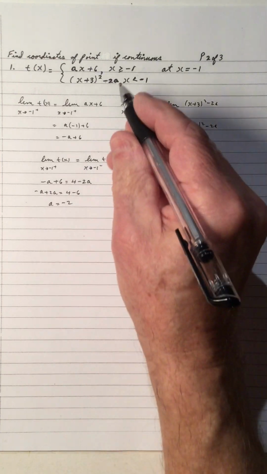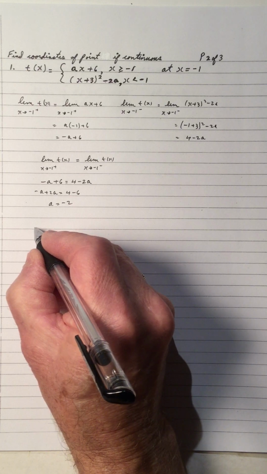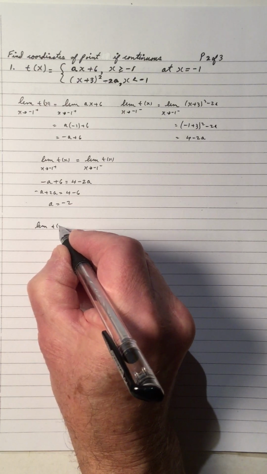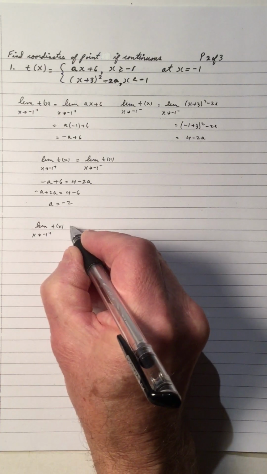So that's the value of a, and now we want to find the coordinates of the point. We look at the limit as t of x approaches -1 on the right side.